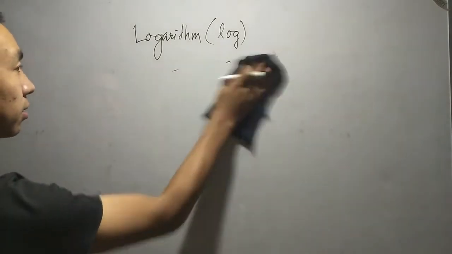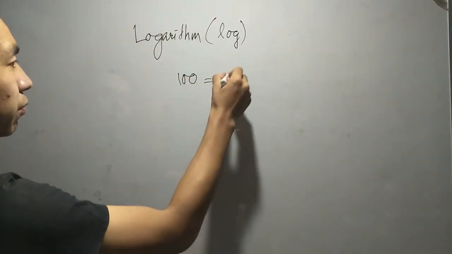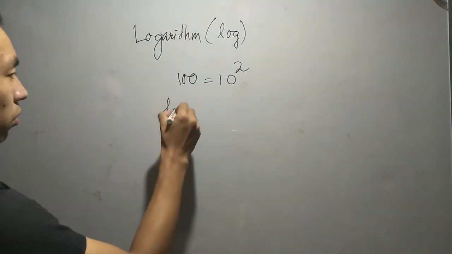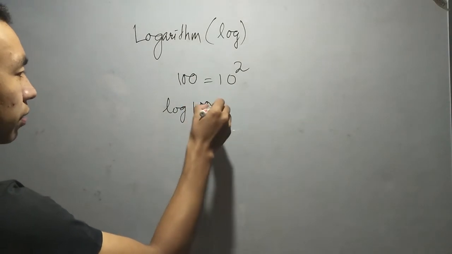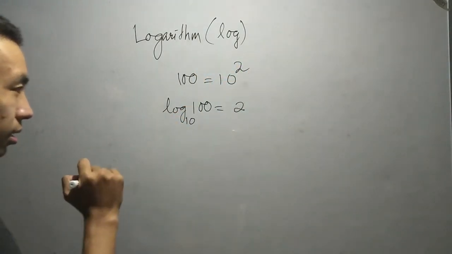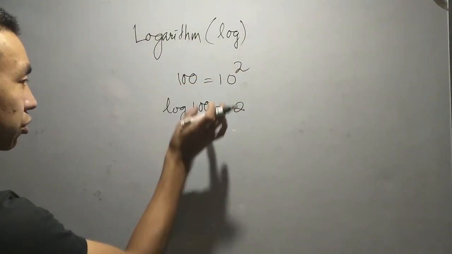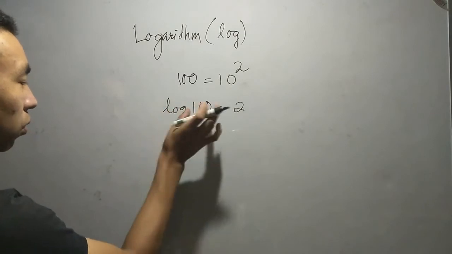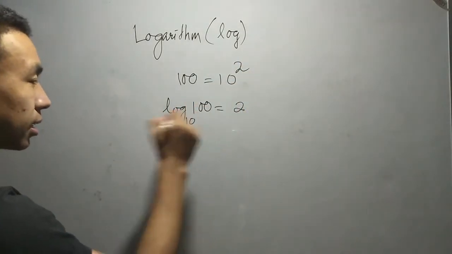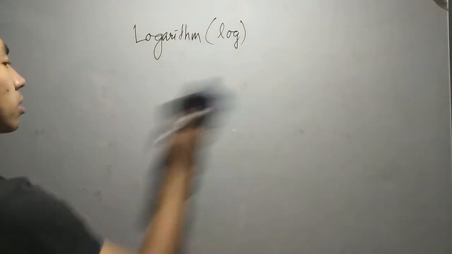Another example, 100 we can write in the form of 10 to the power 2. Now log of 100 is equal to 2 for the base 10. So the value of log 100 is equal to 2 if the base is 10.